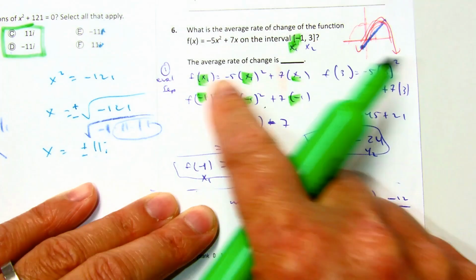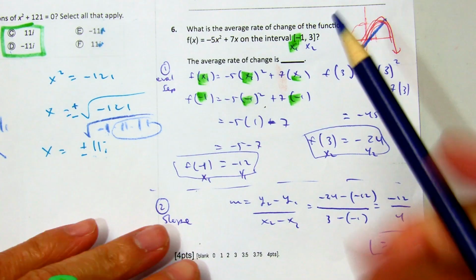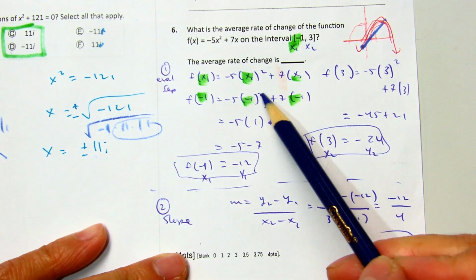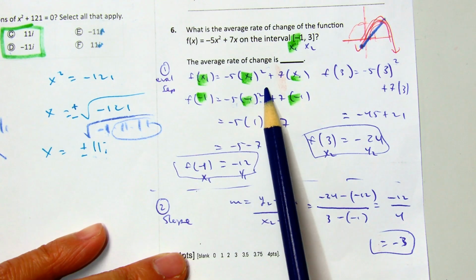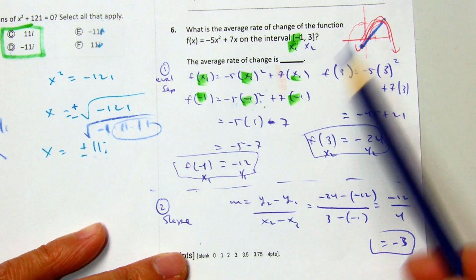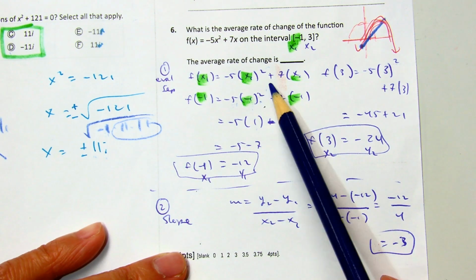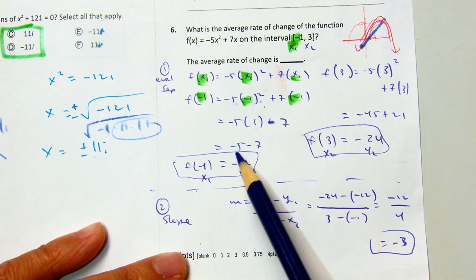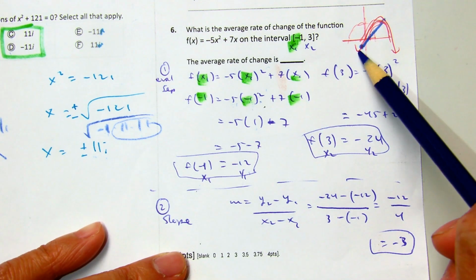Put in -1. Guys are struggling with the order of operations here. You square it and then you multiply. The common mistake is to multiply and then do exponents. Another common mistake is not using parentheses. -5 minus 7 is -12. So this ordered pair is -1, -12.